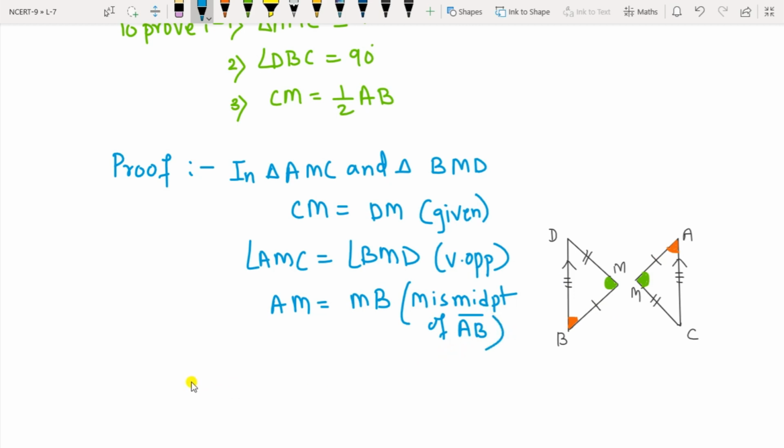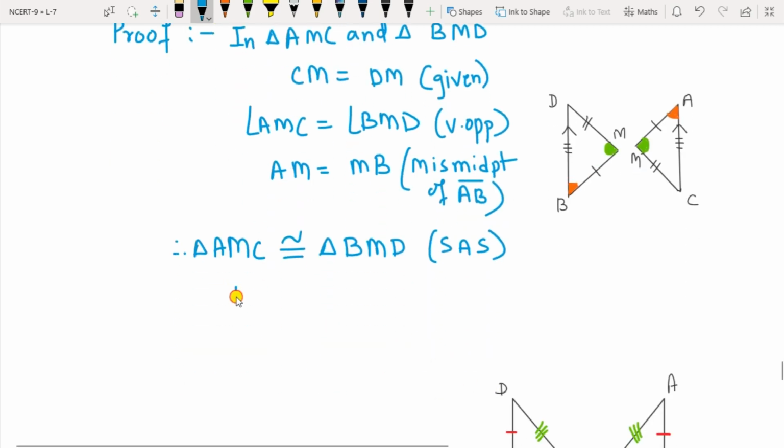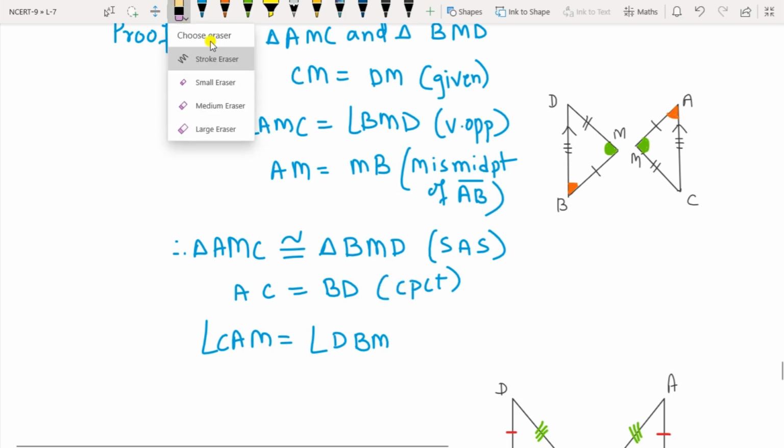And therefore the triangle AMC is congruent to triangle BMD by side angle side, and therefore the CPCT becomes here AC equal to BD. That is the CPCT. And one more CPCT is angle CAM equal to angle DBM. See, both are the CPCTs, that is corresponding parts of congruent triangles.